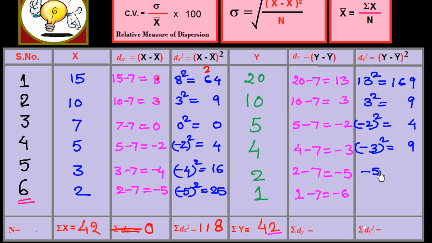Minus 5 square, which is positive 25. And minus 6 square, which is 36. Now we get the summation of this. 9 plus 9, 18, plus 4, 22, plus 9, 31, plus 5, 36, 36 plus 6, 42. So 2 is here. I change the color.